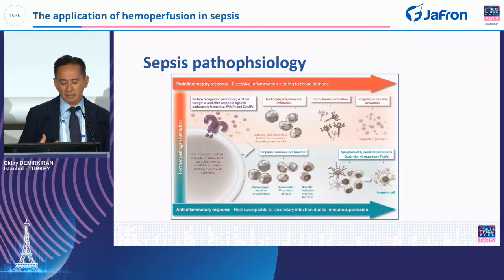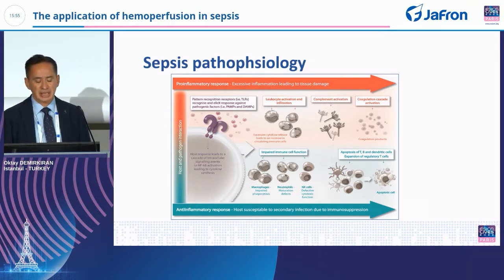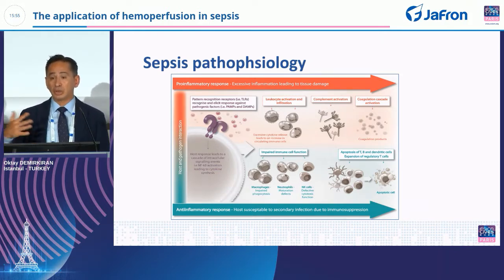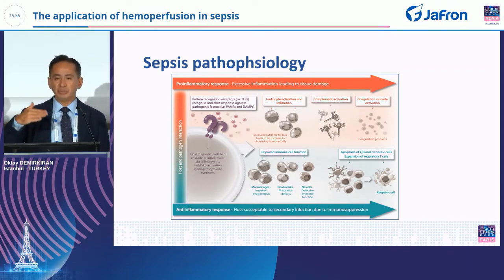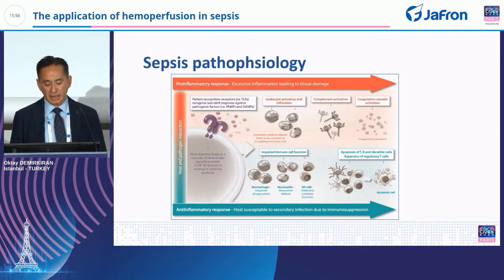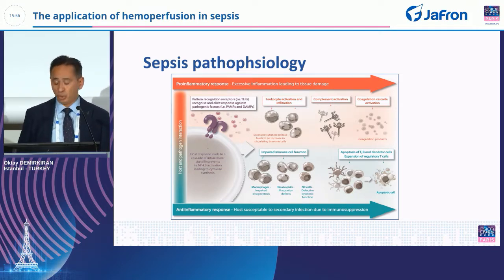In the pro-inflammatory phase, PAMPs and DAMPs affect the system and induce leukocytes, and because of the activation of leukocytes, there is complement activation and coagulation cascade activation. On the other side, there is impaired immune cell function, which causes impaired phagocytosis or maturation defects, and it causes apoptosis in the cells.